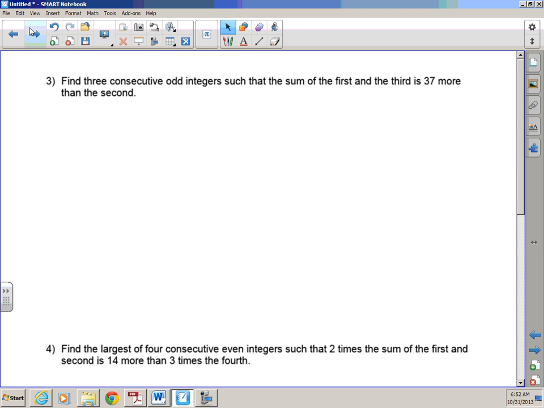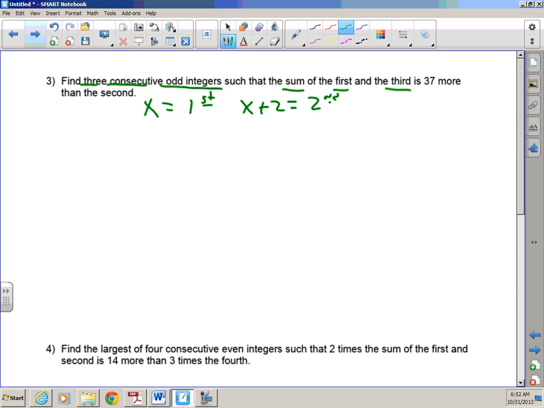Find 3 consecutive odd integers such that the sum of the first and the third is 37 more than the second. All right, so 3 consecutive odd integers. Sum of the first and third. Let's just stop there. X, x plus 2, x plus 4.